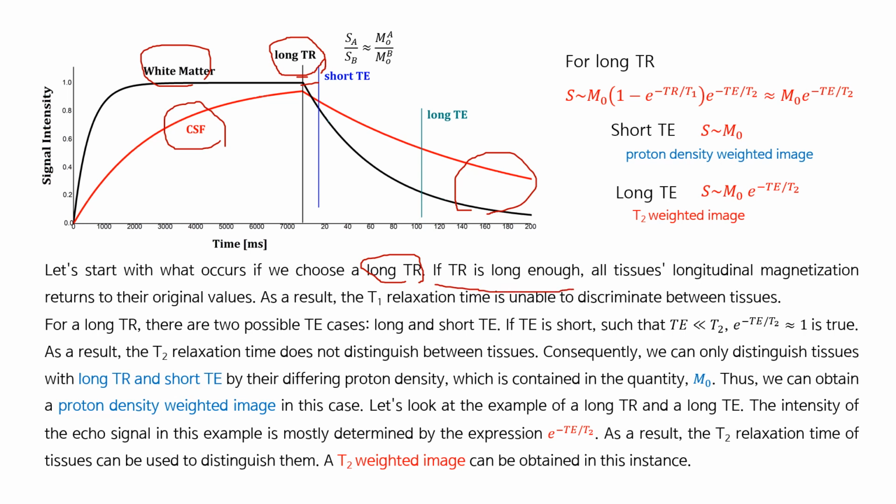If TR is long enough, all tissues' longitudinal magnetization returns to the original values. So here you can see if you use long TR time, then longitudinal magnetization almost recovers to the original values. As a result, T1 relaxation time is unable to discriminate between tissues.